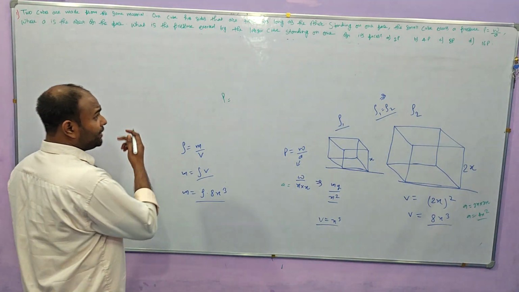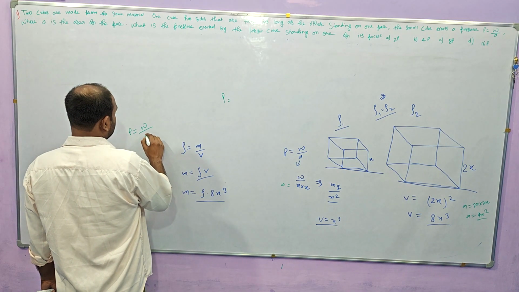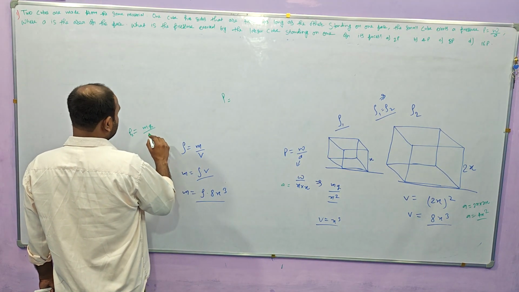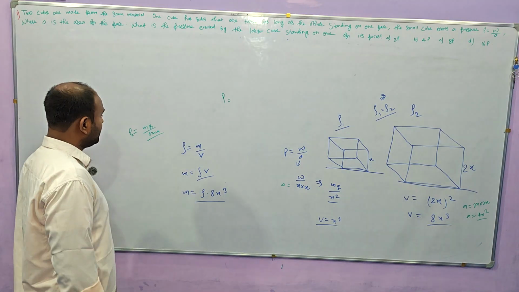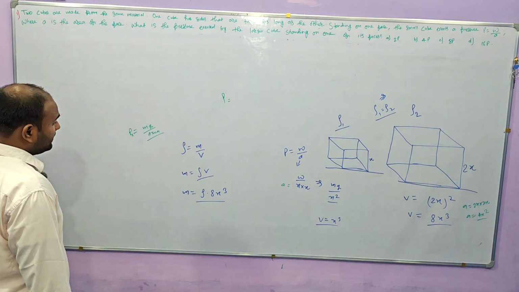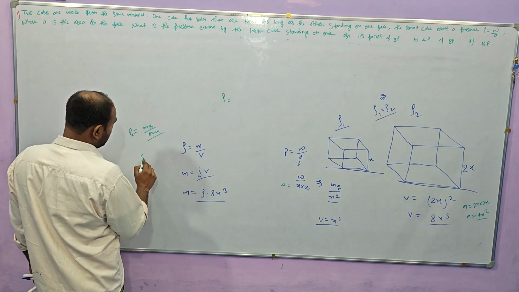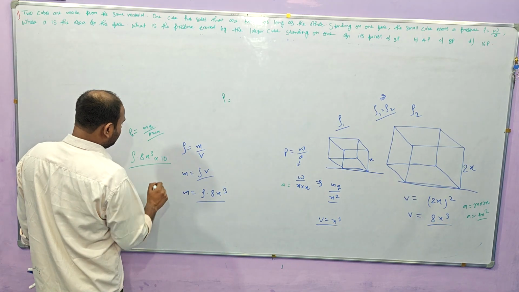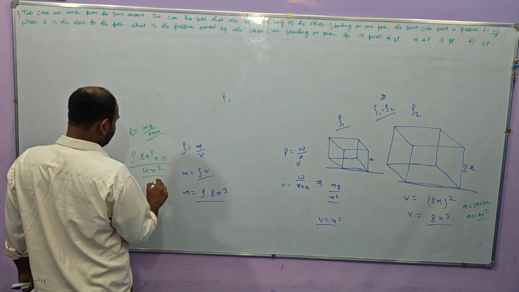So whenever we talk about P is equal to W by A, P2 is basically mg upon area, and we know m is equal to rho into 8x cube, into 10, and the area is basically 4x square.